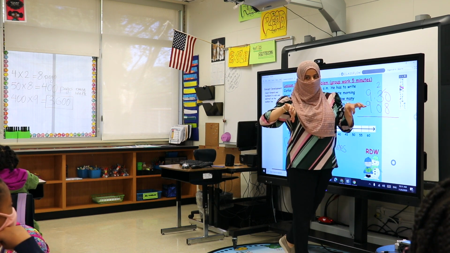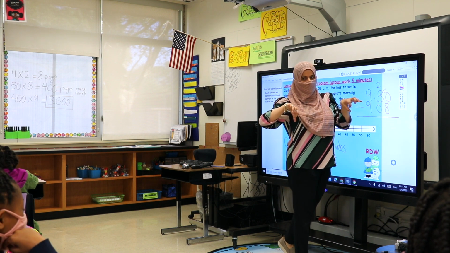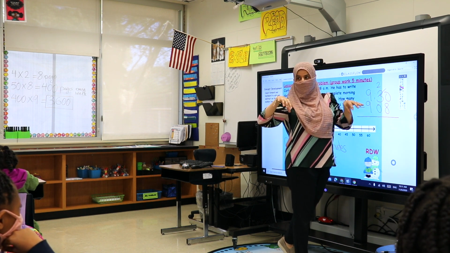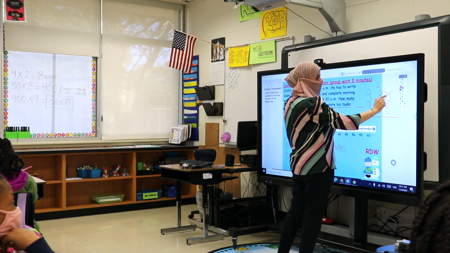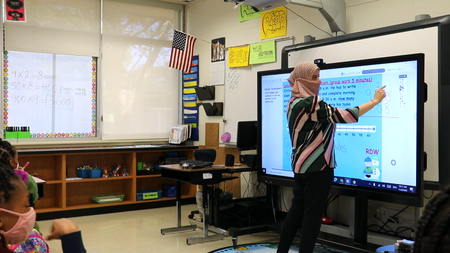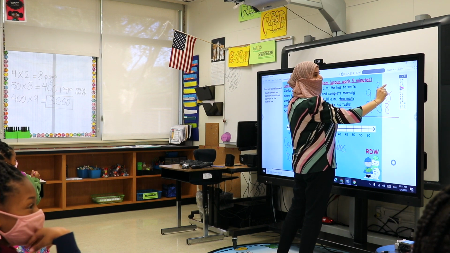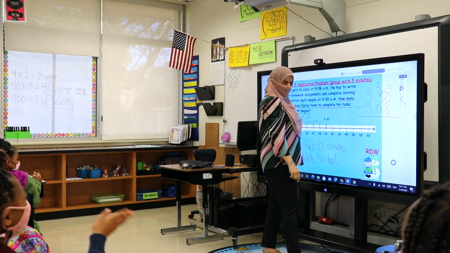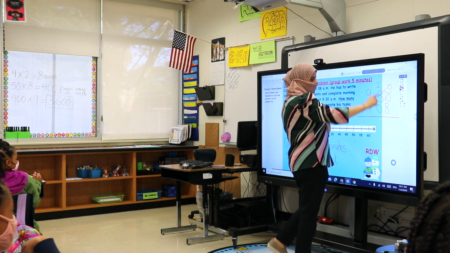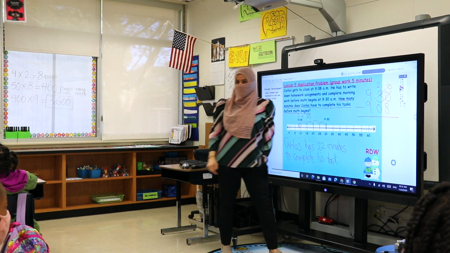I'm going to decompose that 1 ten into how many ones? 10 ones. I will add it to the 0. So 0 plus 10 is 10. So now, do I have enough to subtract 8? Yes.